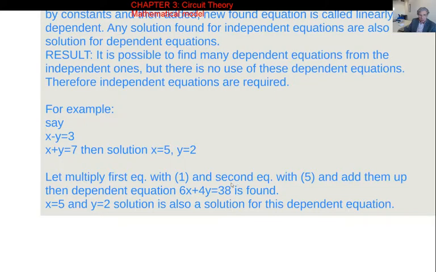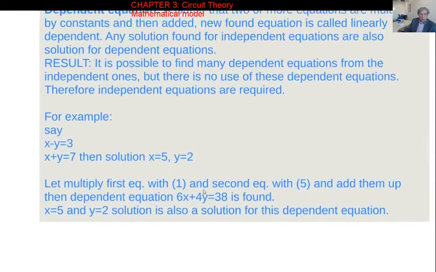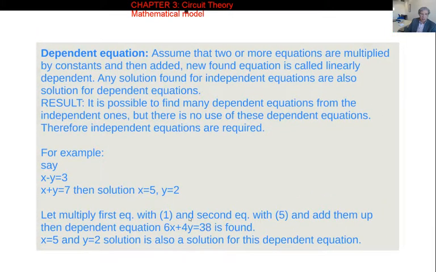So this equation here, which we found from those equations by multiplying the first one with 1 and the second one with 5, is a new equation. This is a dependent equation. Now what we are saying is this: the solution that you found from the independent ones, which is x equals 5, y equals 2 here, is also the solution for this equation.